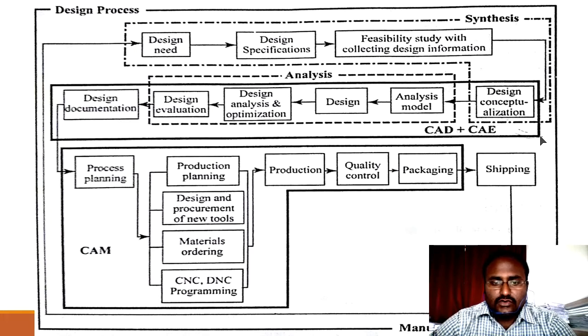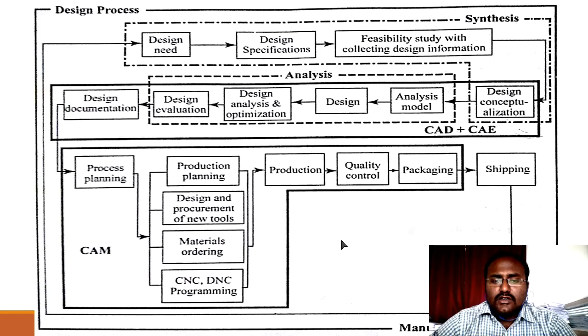Okay. So once the CAD is over, then you have to implement the CAM, that is called computer manufacturing. So in computer manufacturing, first you have to implement the process planning, then you have to implement the production planning. In that production planning you have to focus on new tool usages as well as material handling, and to add on that, CNC programming also, because in the industries they are using older machines, you have to configure the machines, so you have to change the programs.